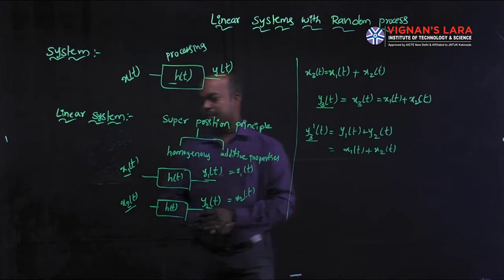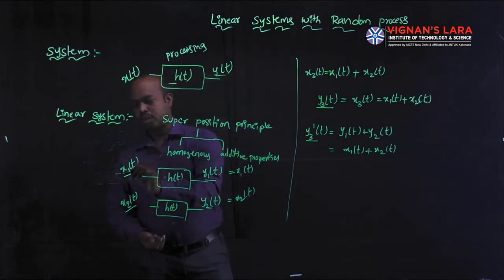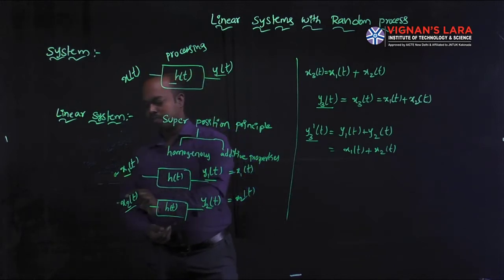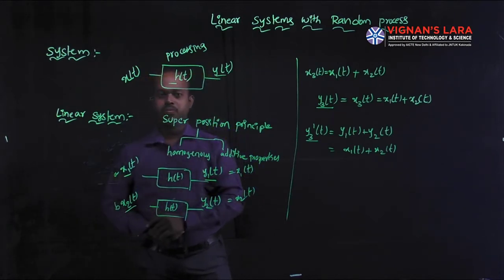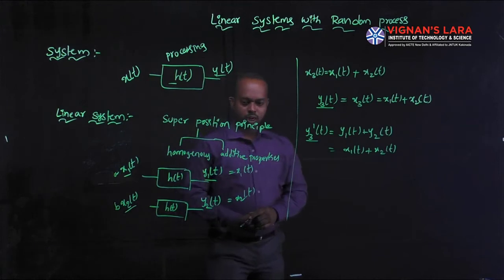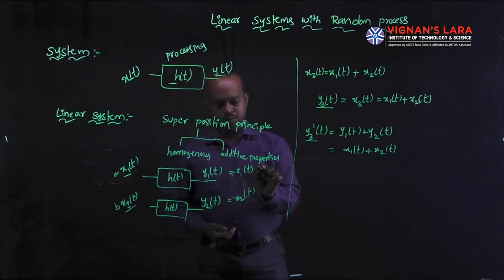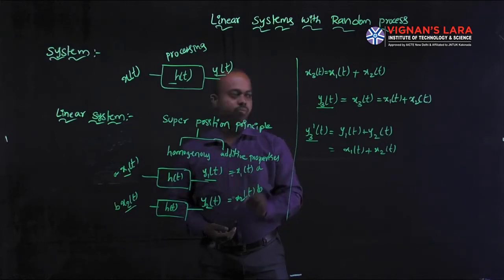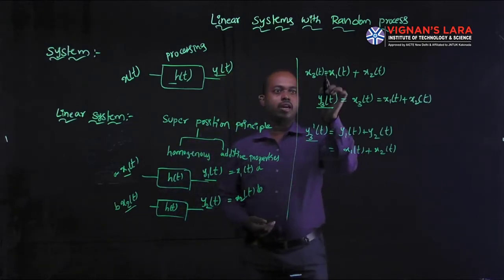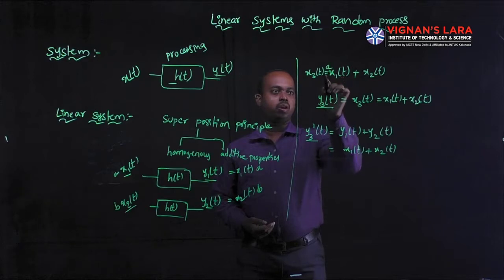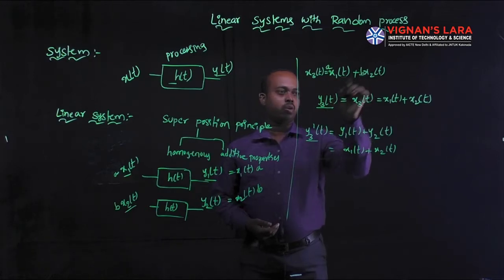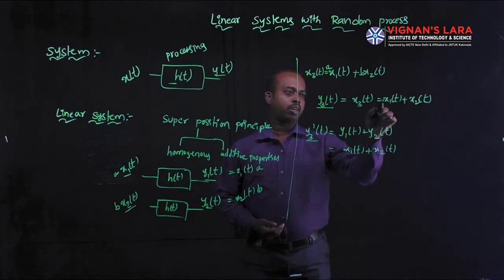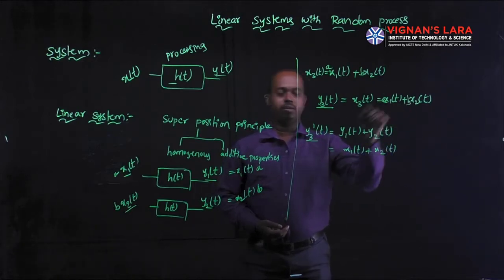Suppose here I am treating x1 of t as multiplied with a and x2 of t as multiplied with b, and its response is also multiplied with a and b respectively. You can add a into x1 of t and b into x2 of t, and similarly write a and b at the output.